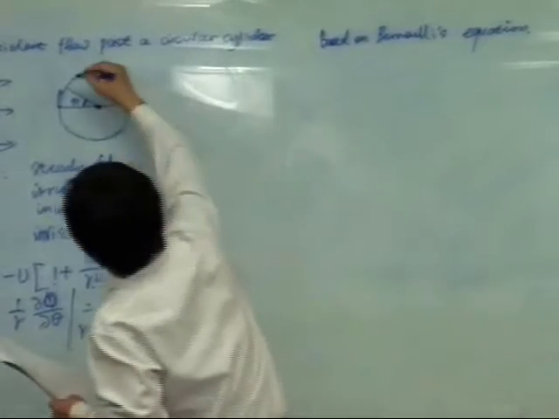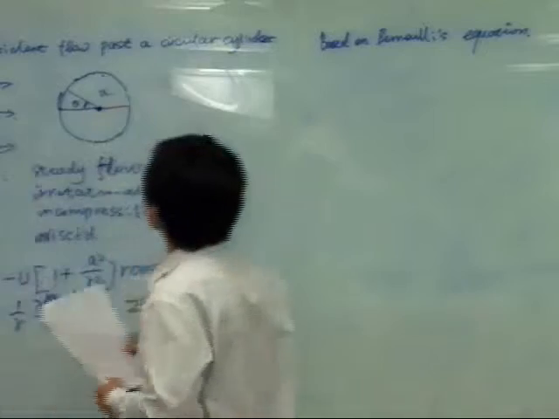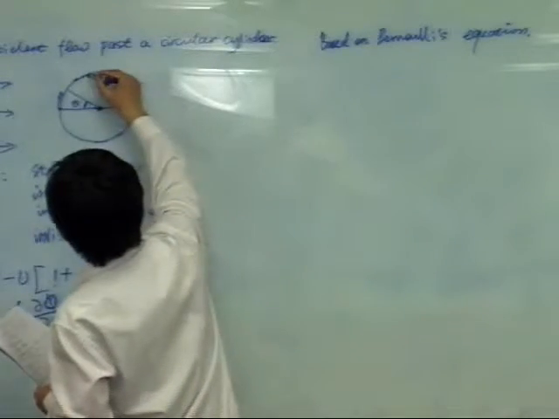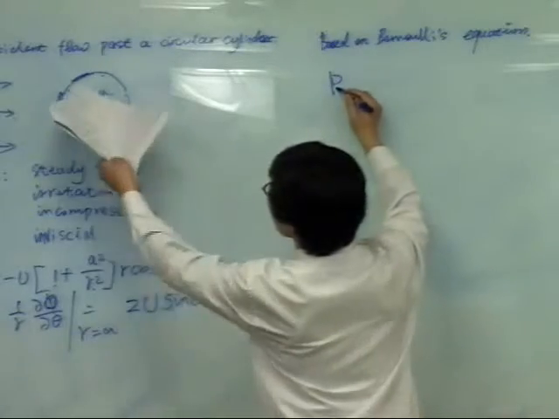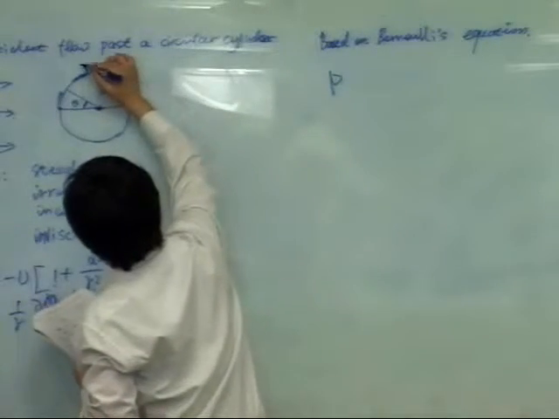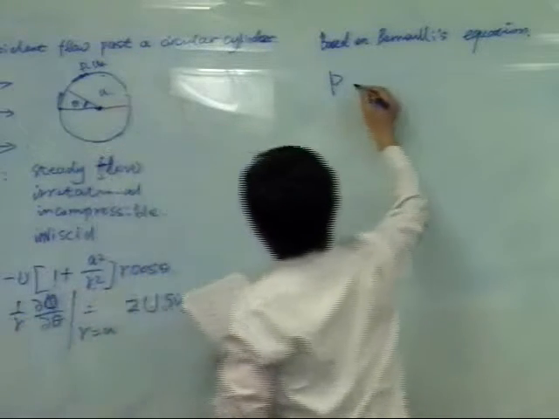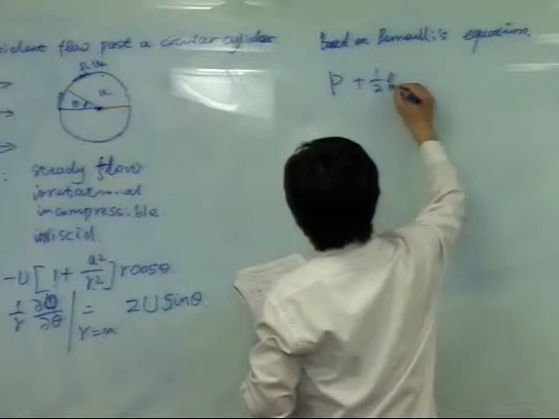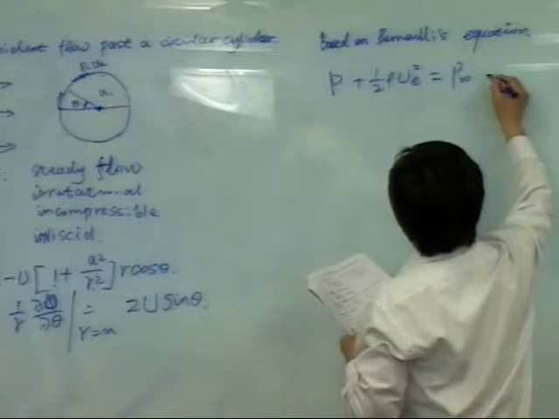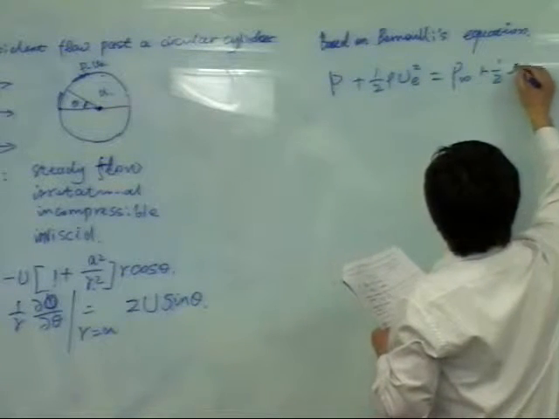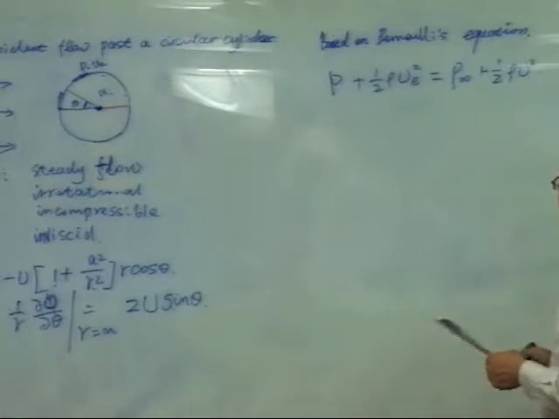And we try to figure out the force on the surface of this circle. Okay, we have P at this point, pressure, and U_e we know, right? Squared, P infinity, right? This is Bernoulli's equation.